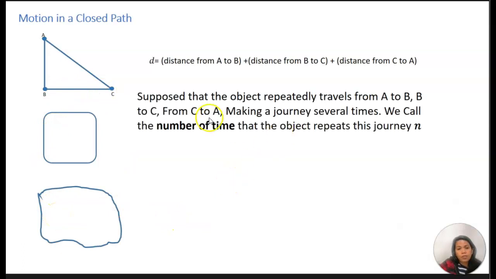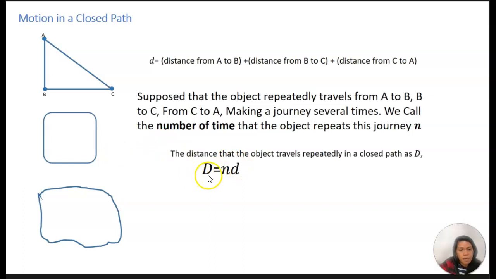Suppose I traveled that path a number of times, so the total distance, big T, is equal to N, the number of times I go over that closed path, times the distance, the total path covered. That is my total distance.